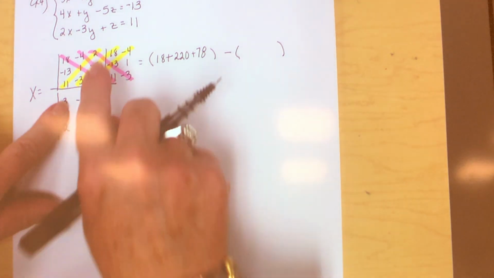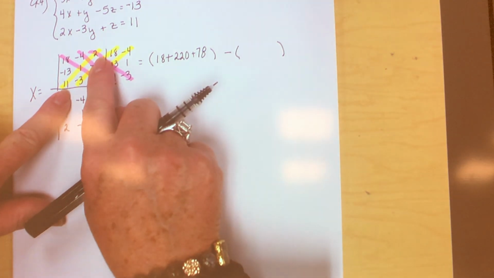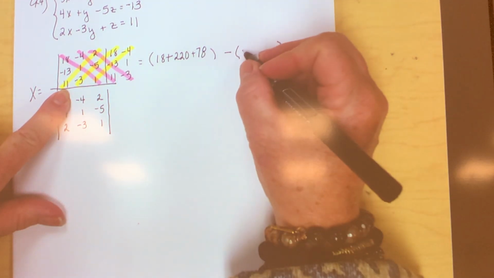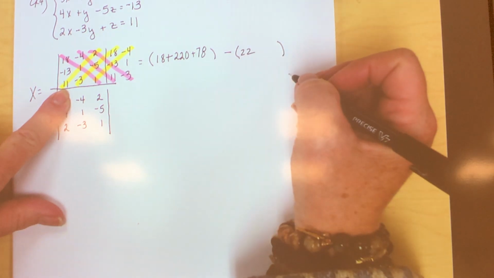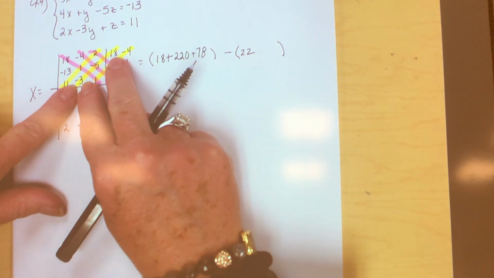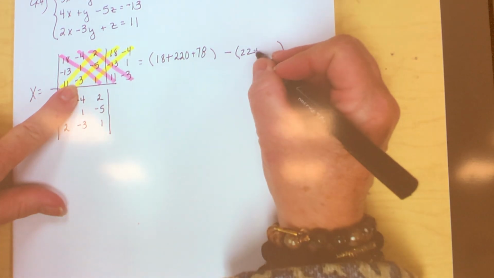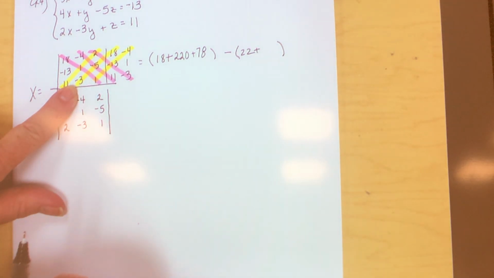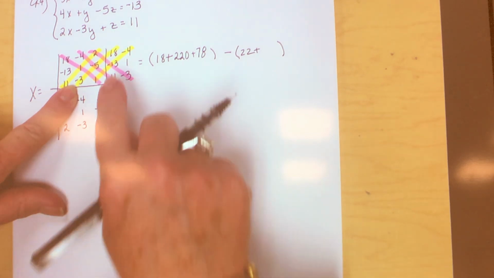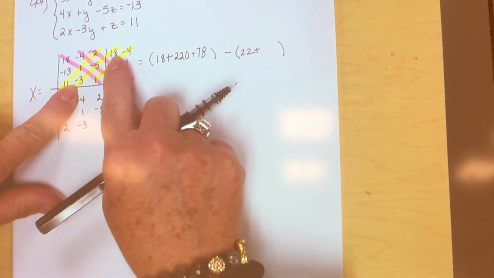Okay, so my first guy, no negative signs. 2 times 11 is 22, right? My second one, 2 negative signs make a positive. Who am I going to multiply together? 5 and 18.